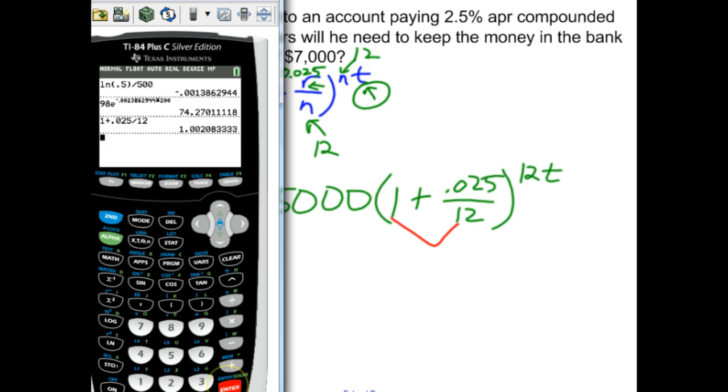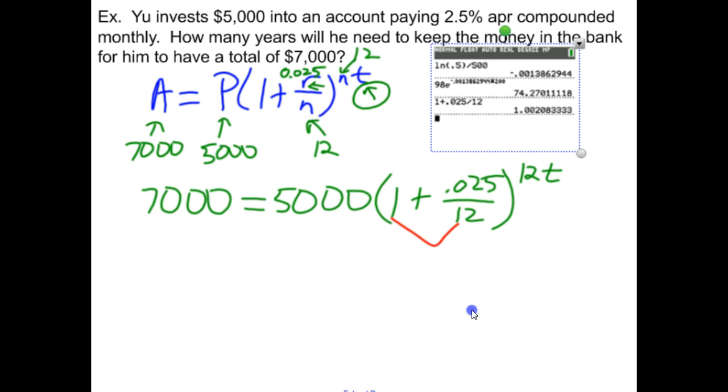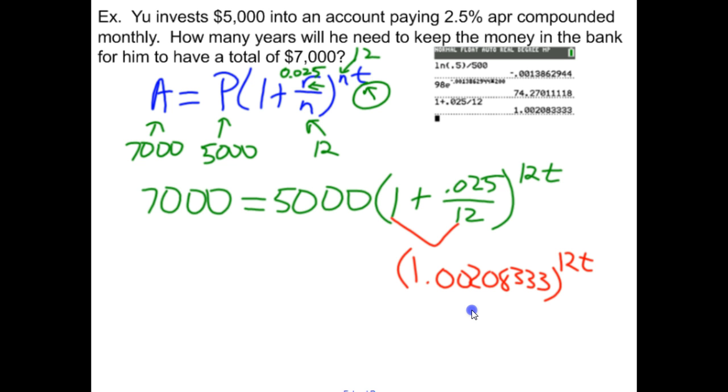That decimal comes out to be that, okay? So this becomes 1.00208333 to the 12t power, and that's 5,000 equals 7,000.